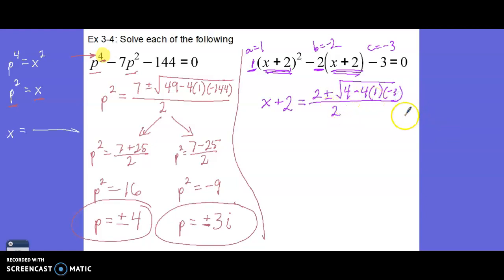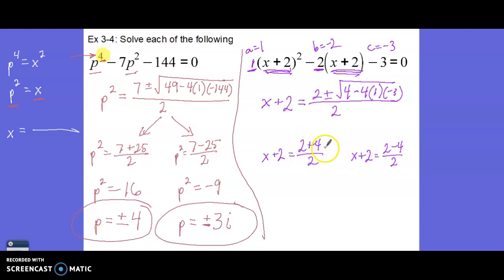Again, a is 1. And I could actually do this in my head. I hope you could as well. That 4 times negative 3 is negative 12, so 4 plus 12 is 16, and the square root of 16 would be 4. So we're looking at 2 plus 4 divided by 2, and 2 minus 4 divided by 2. And remember the equation's x plus 2 equals each of those.